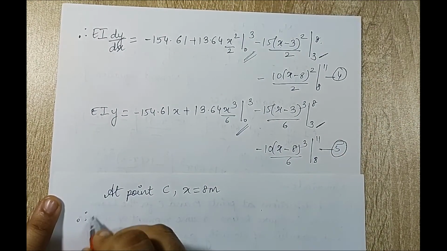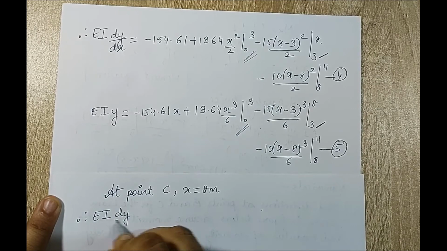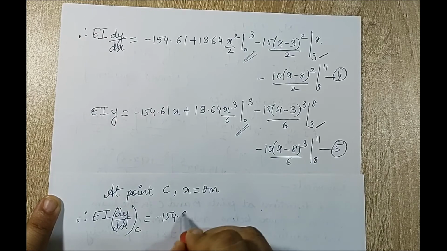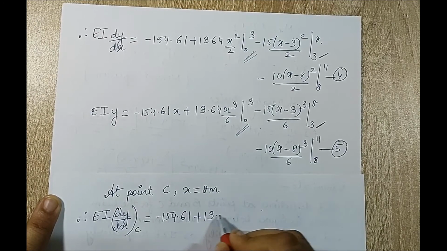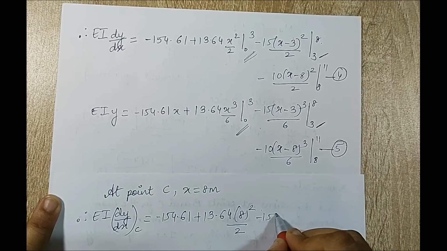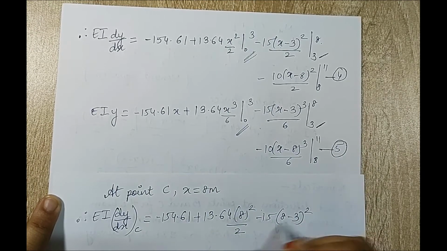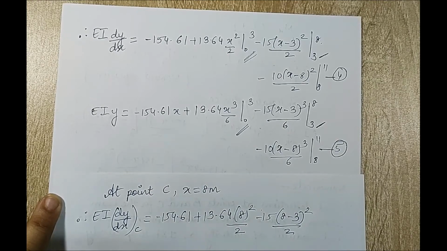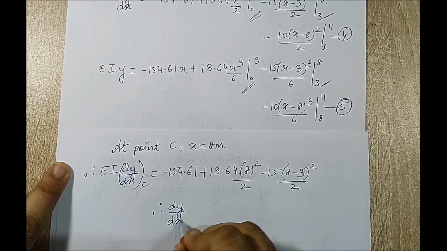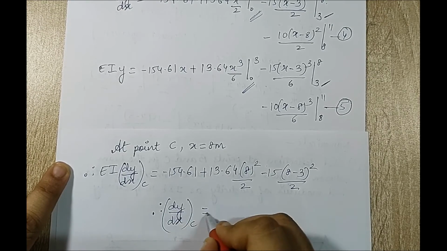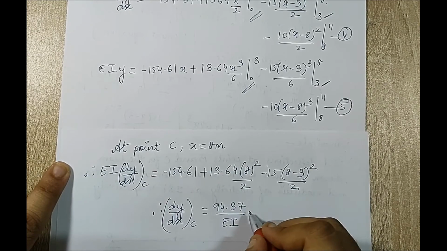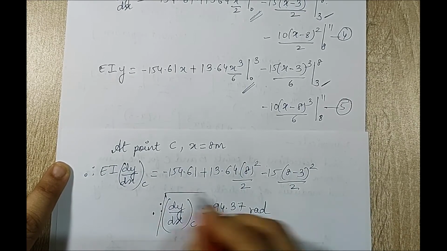So I'll write down therefore EI dy by dx for the point C is equal to minus 154.61 plus 13.64 into 8 square by 2 minus 15 into 8 minus 3 square by 2. When I solve this, I'll get the value of dy by dx for the point C as 94.37 upon EI. The units will be radians obviously.